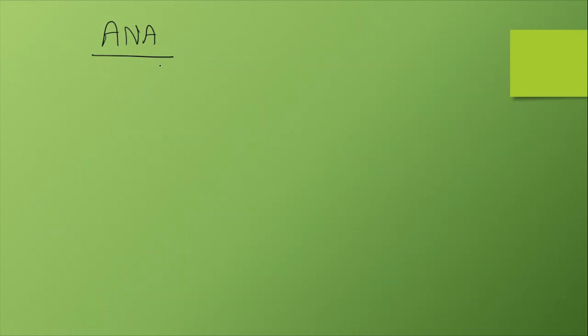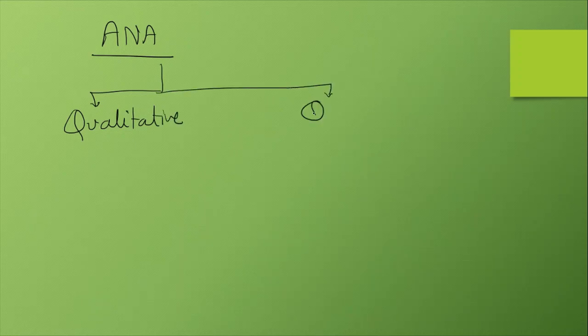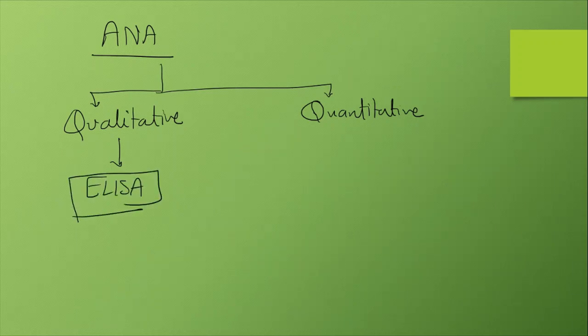So when you are testing your anti-nuclear antibody, it could be either a qualitative test or a quantitative test. A qualitative test will be ELISA, which will give either a positive or negative. So this becomes a non-specific test.